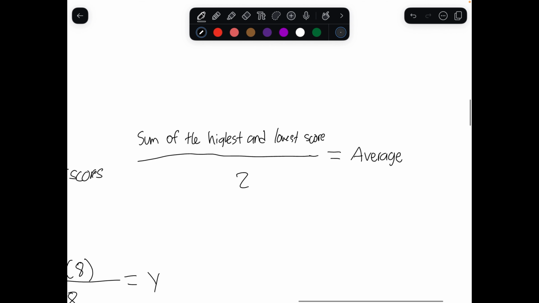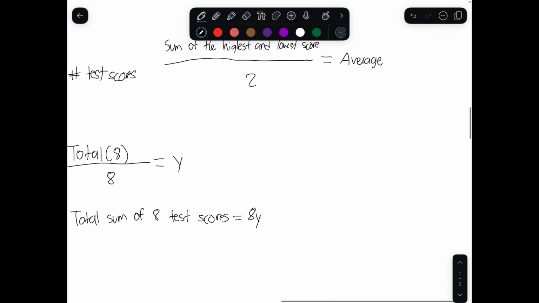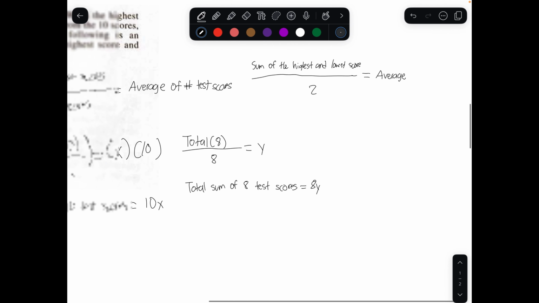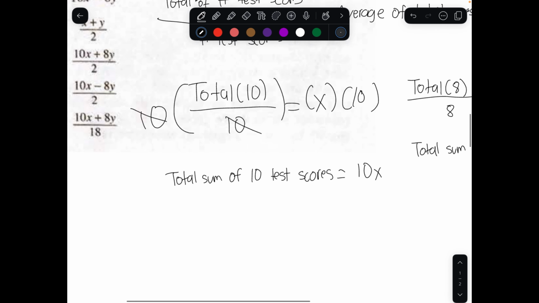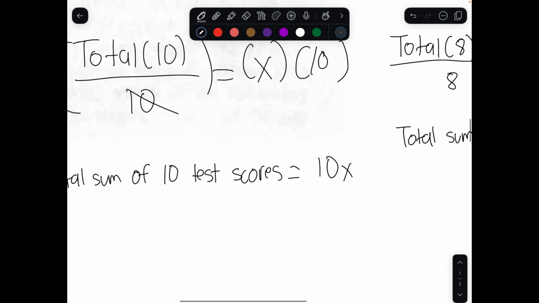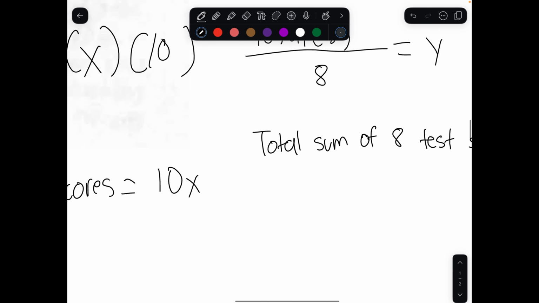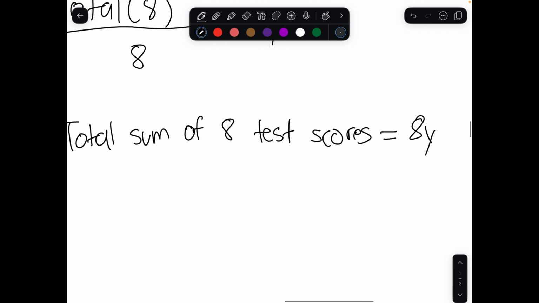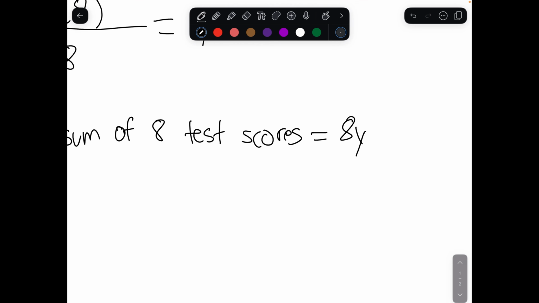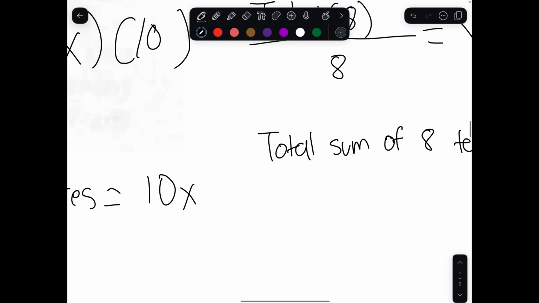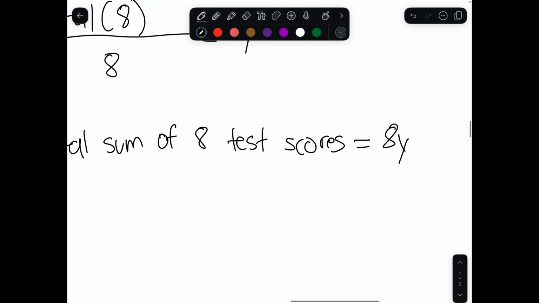So now what we can do is the total sum of 10 test scores is 10x. This included the highest and lowest score, right? This is the total sum of 8 test scores, which did not include the highest and lowest score, but it included all the other test scores.